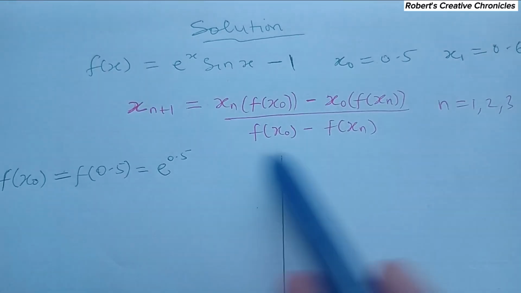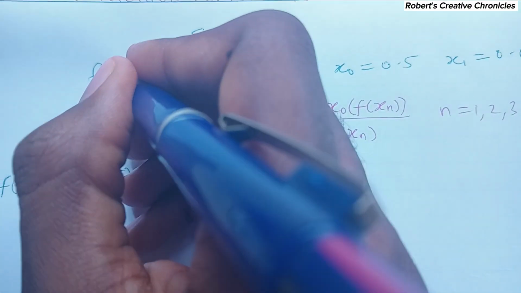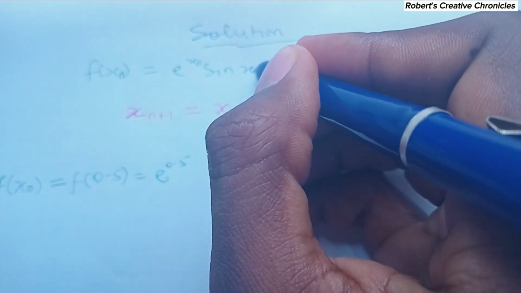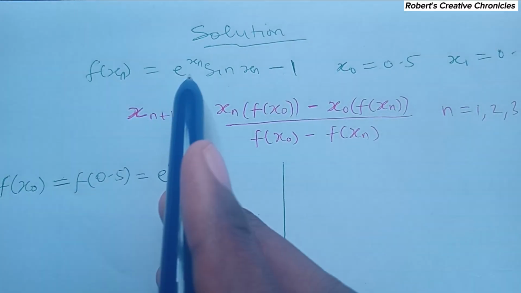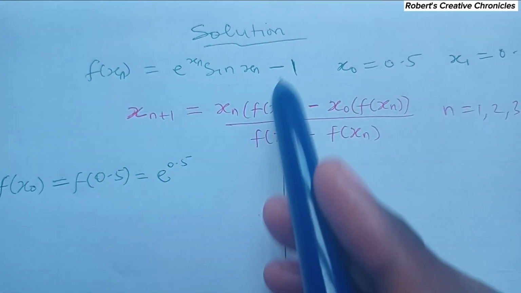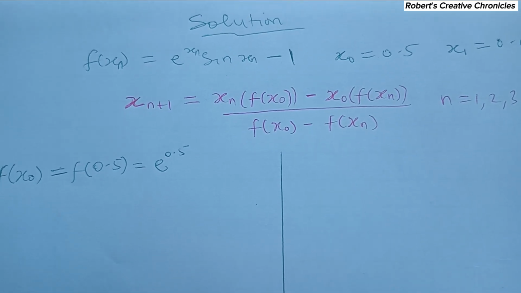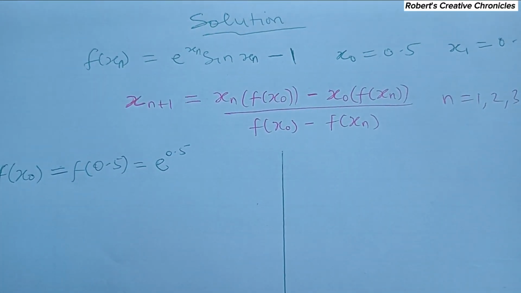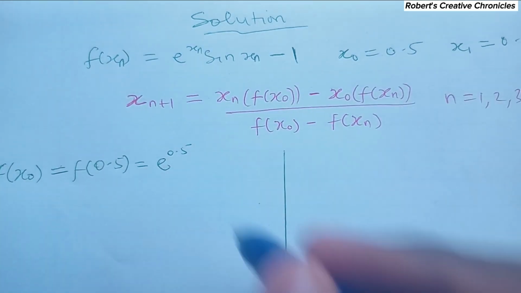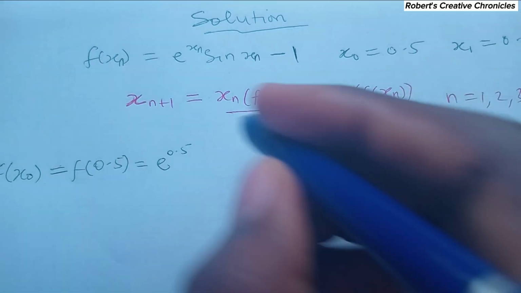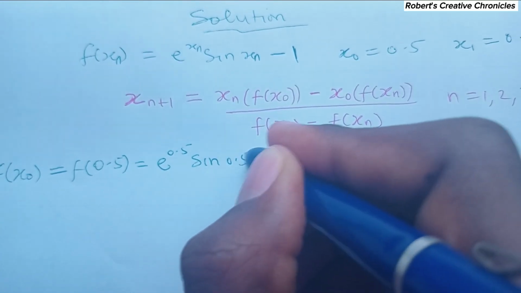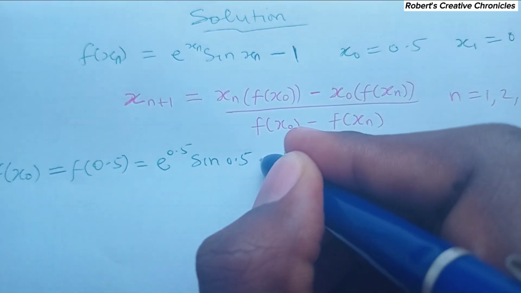Since we are using the terms of n, we can say f(xn) = e^xn sin xn, in terms of xn.